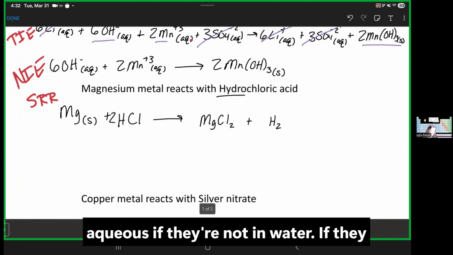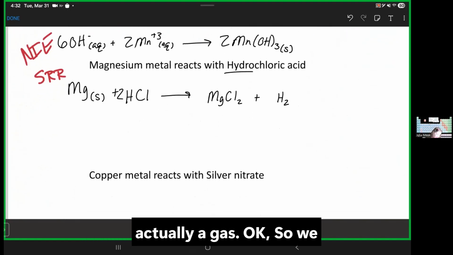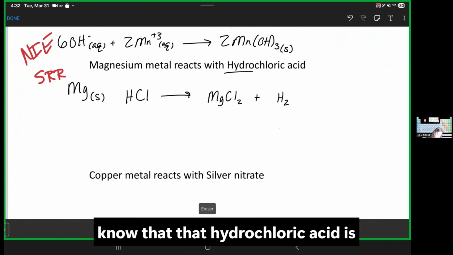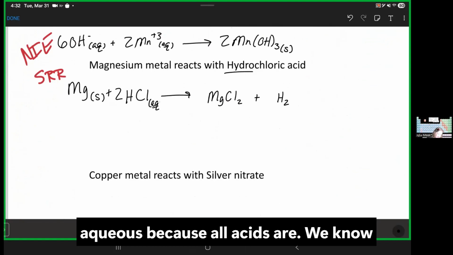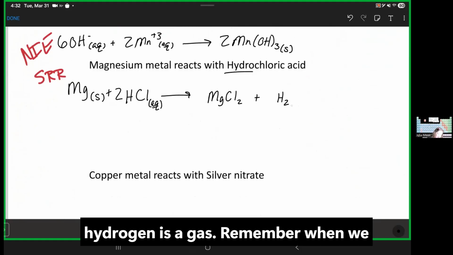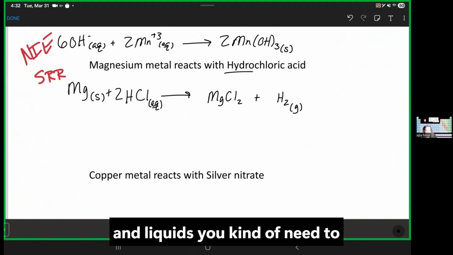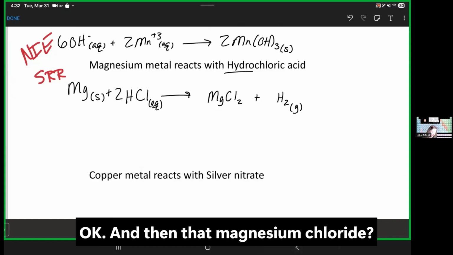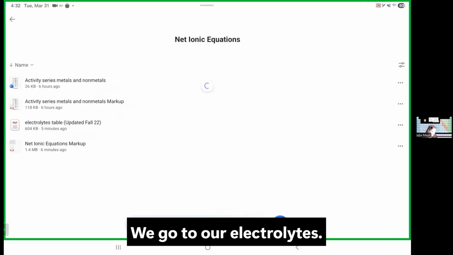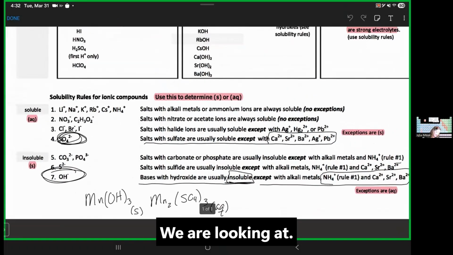If they don't get put into water, they're actually a gas. So we know that hydrochloric acid is aqueous because all acids are. We know hydrogen is a gas. Remember when we did the solubility rules, I said gases and liquids you kind of need to know off the top of your head.